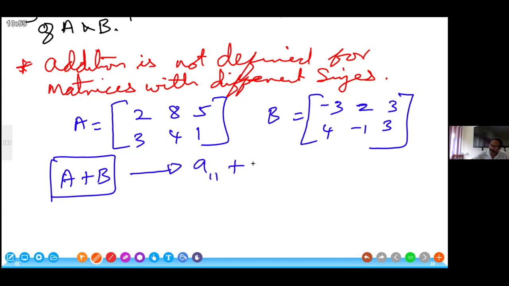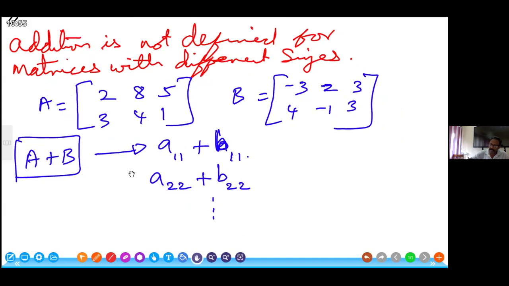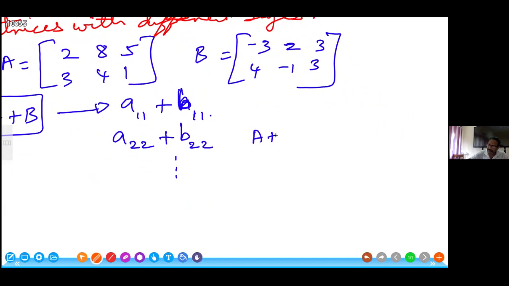For example, A11 plus B11, or A22 plus B22, and so on. So the new matrix, A plus B, has the new elements after adding: first -1, 10, 8, then 7, 3, and 4. So this is the addition.